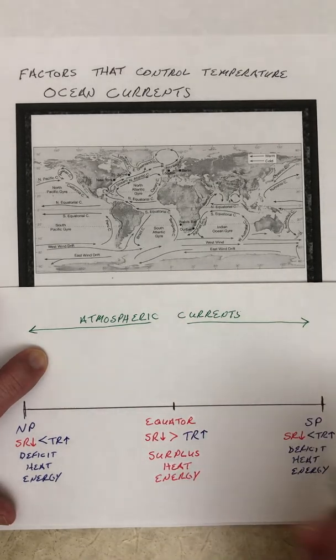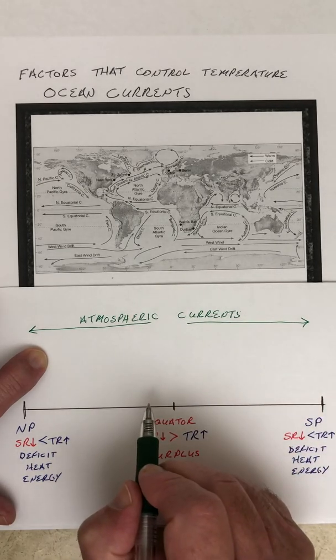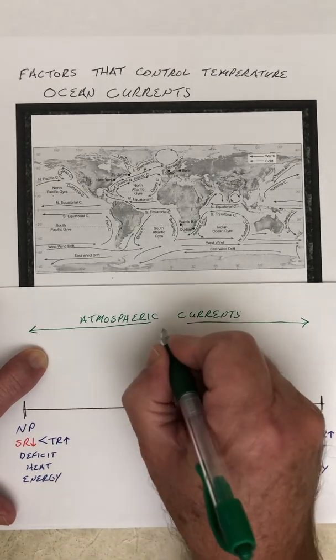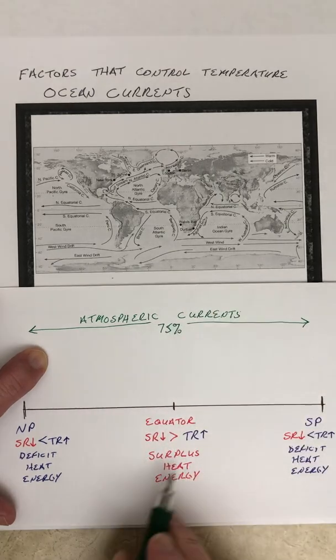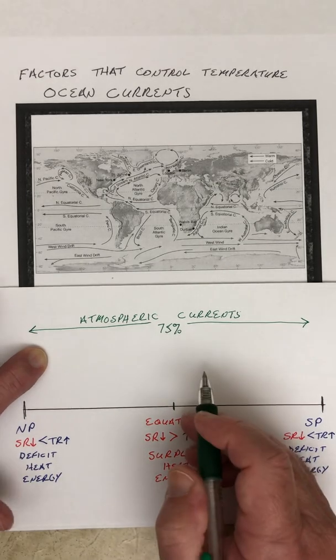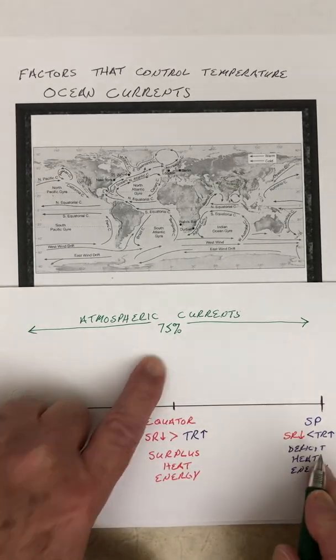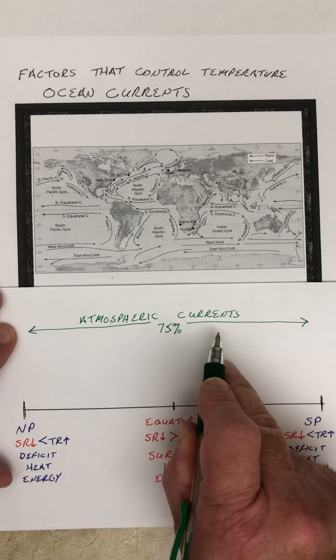You can think of that as the jet stream. If you're more familiar with the term jet stream than atmospheric currents, go ahead and use that. About 75% of this surplus heat energy being generated at the equator is being transferred towards the poles by the jet stream, by atmospheric currents.